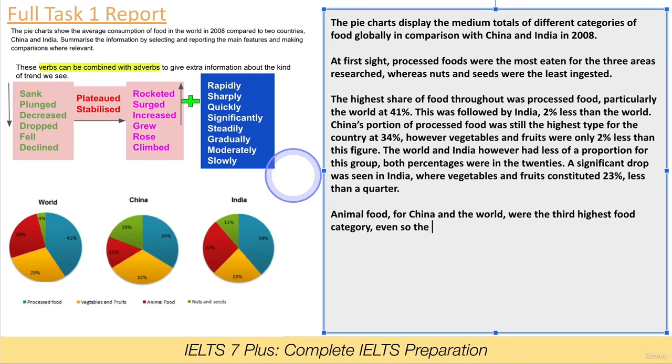So even so, the world had 1% over a quarter at 26%. Okay.